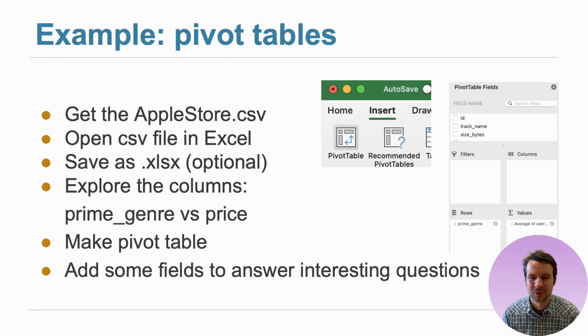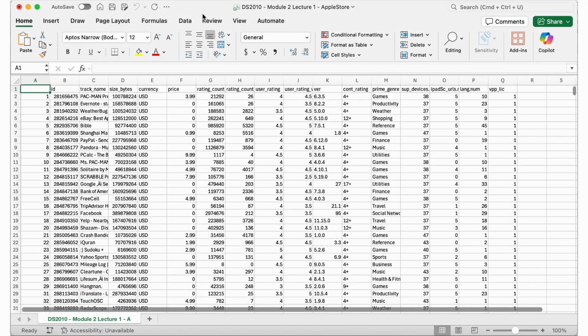Right. We'll do a little example. We have here data about the Apple Store, and what we'll try to do is open it in Excel, make a pivot table and answer several questions. The first file, Apple Store, is how it looks when you open it in Excel.